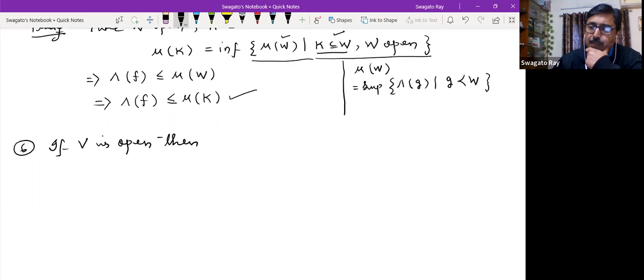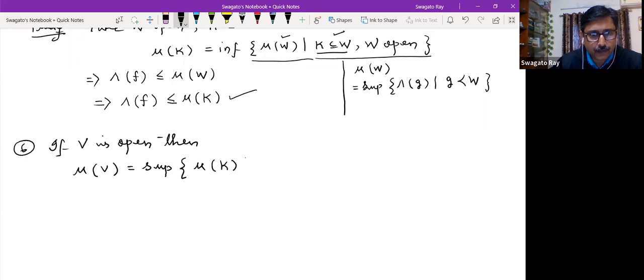I just know that the measure of V is the supremum of lambda F, where the support of F is sitting inside V. I'm going to prove that if V is open, then mu of V is actually the supremum, that's not surprising, mu V was defined as a supremum, but not of lambda F this time. It is the supremum of mu K such that K is a subset of V and K is compact.